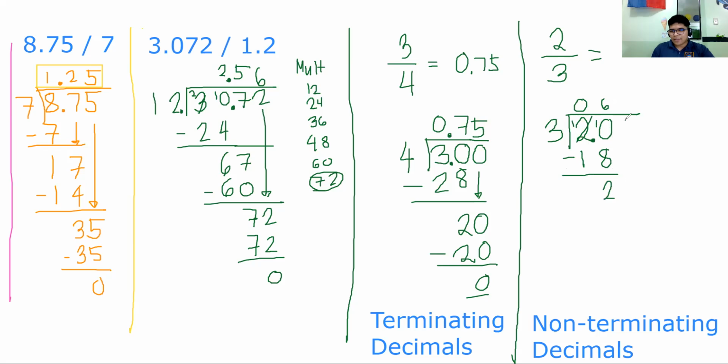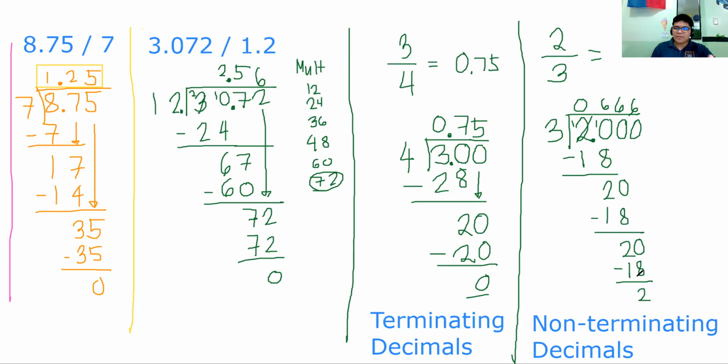Okay, and then we add another 0, just like we did before. We'll have 20. Okay, 20 divided by 3 is also 6, which will give you 18, which will give you 2. Do you see? So it will continue on forever and ever, just being 6, then 18, then you subtract them to become 2.